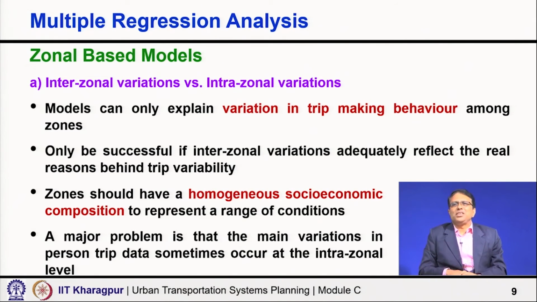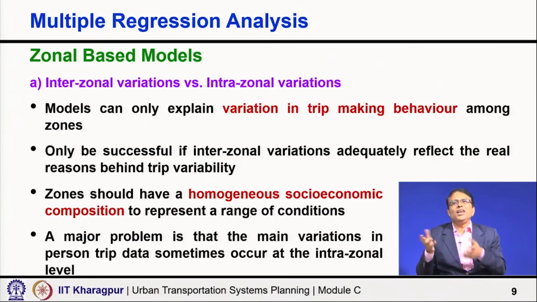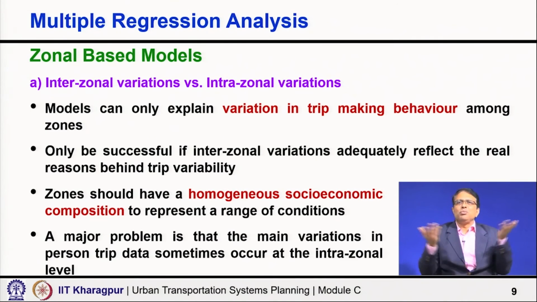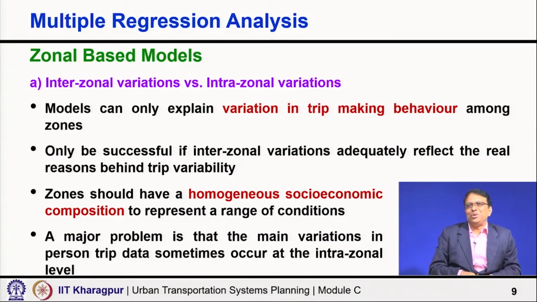You get that variation, but the variation from one zone to another, the interzonal variation, is relatively small. Your actual variation is intrazonal. Within a zone the variance is much higher than the variance in the data from one zone to another. If that is so, your model is not going to be good.